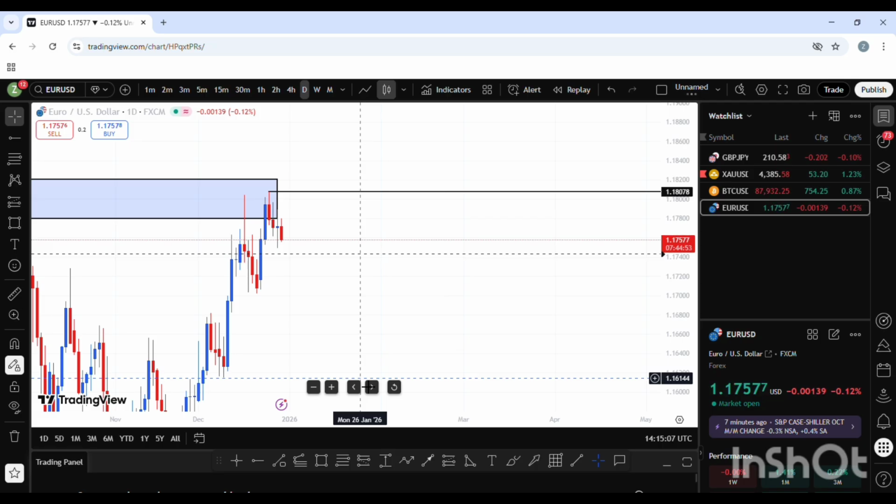That's why anytime the sellers try to go through the supply zone, they are pushed back. That's why the market is tapping and going back, tapping and going back. But at the end of the day, the market will push up though.